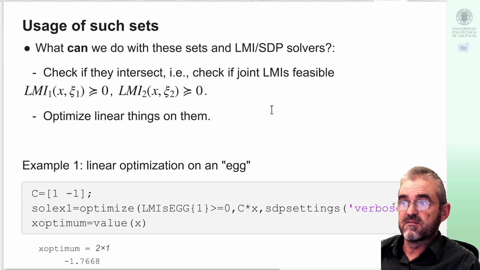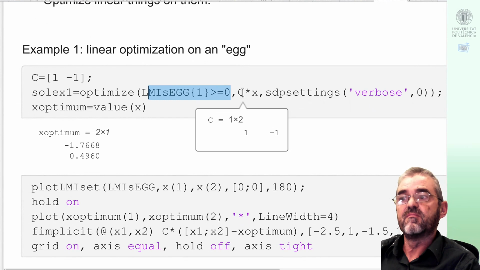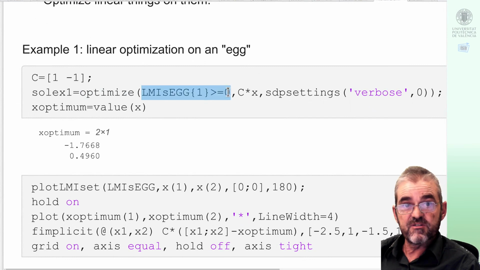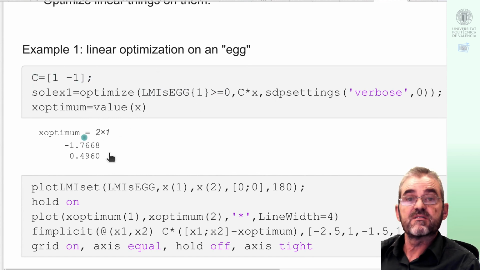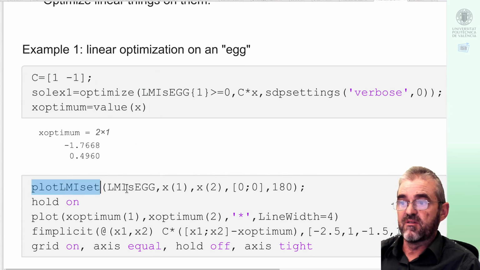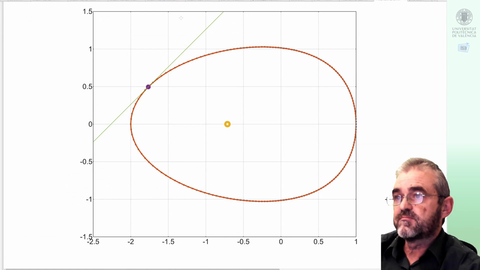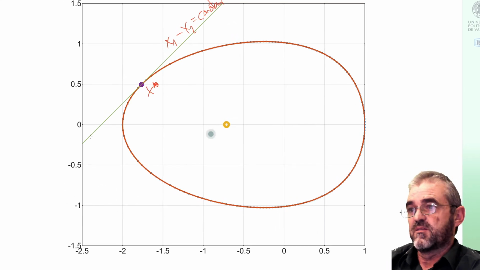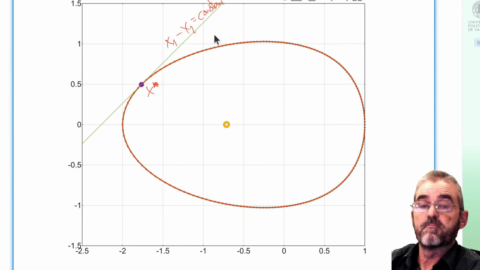We also can optimize linear things on them. For instance, the egg shape had some LMI, and then I can call the optimizer subject to these LMI constraints, optimizing x1 minus x2, let's say. Then I get this optimal point, and if I plot the egg set and this optimal point, I get this, so that this is the optimal point, and this green line is sort of a tangent line in which x1 minus x2 is constant, and this constant is the minimum possible one.